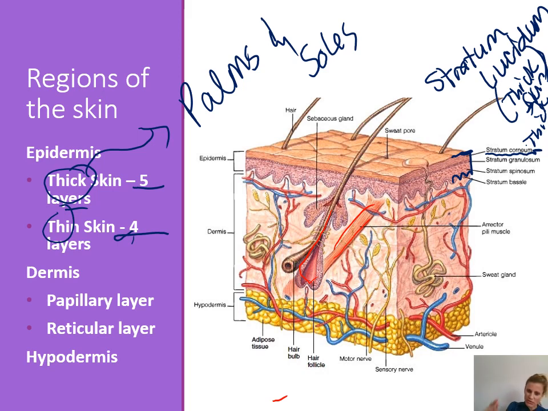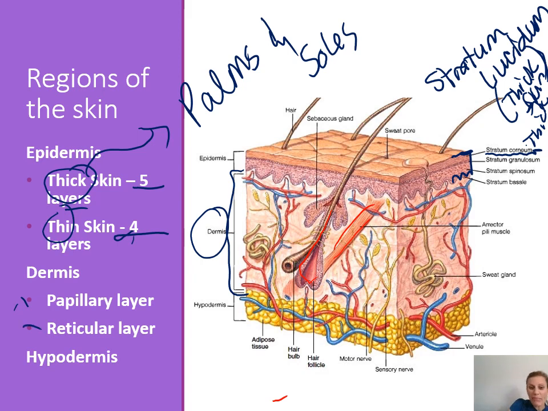Underneath the epidermis, or deep to the epidermis, we said we have the dermis, right? And the dermis is this thick layer that contains connective tissue, right? Not epithelial tissue like we have in the epidermis, but connective tissue. This dermis is separated into 2 layers or 2 regions, the papillary layer and the reticular layer.